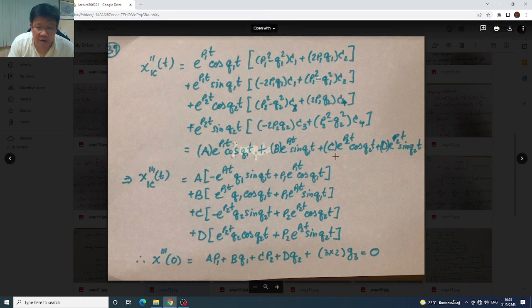So I'm going to simplify this to become capital A, capital B, capital C, and capital D. You can see that capital A is everything beyond e to the p sub 1 t, cos q sub 1 t, all the value in this bracket becomes A, and this one, all the value in this bracket becomes B, all the value in this bracket becomes C, and all the value in this bracket becomes capital D.